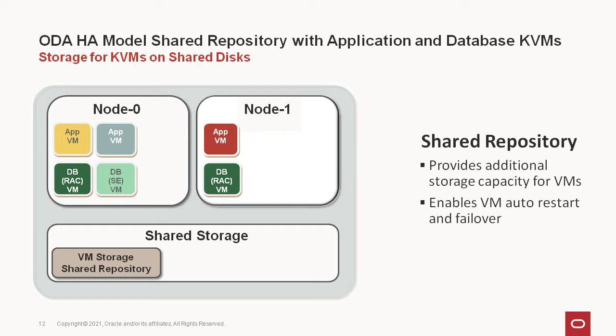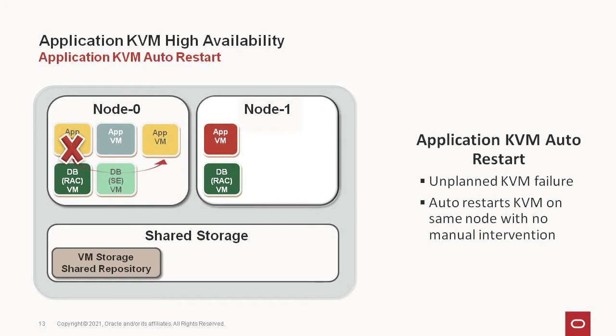And then we also have a RAC database KVM and a Standard Edition database VM running on node 0. Because everything's sitting on the shared storage on the HA system, we have this built-in HA capability for our application KVMs. So in case an application fails, you can set it up so that it automatically restarts on the same node.